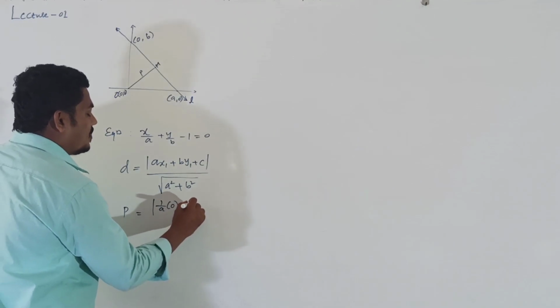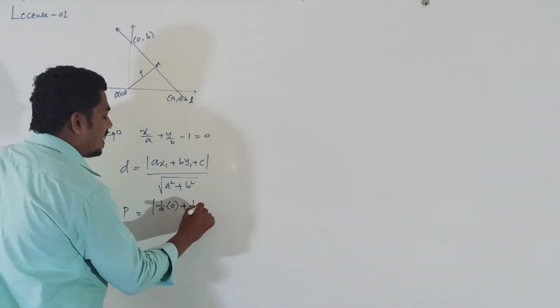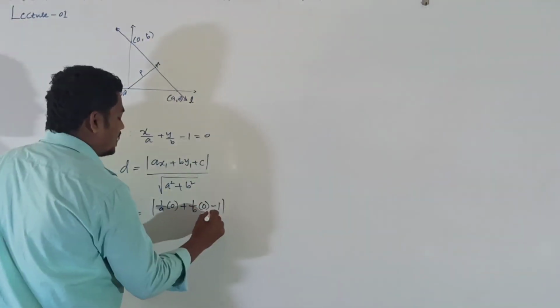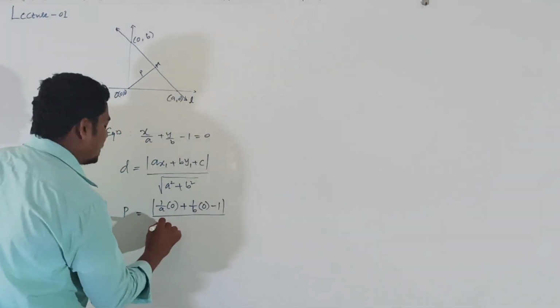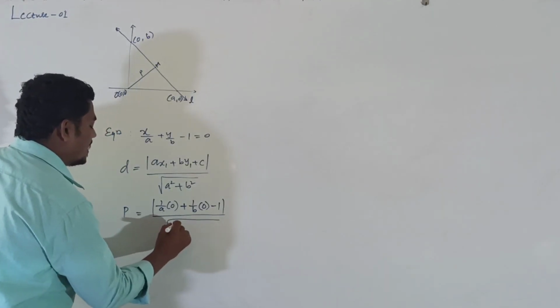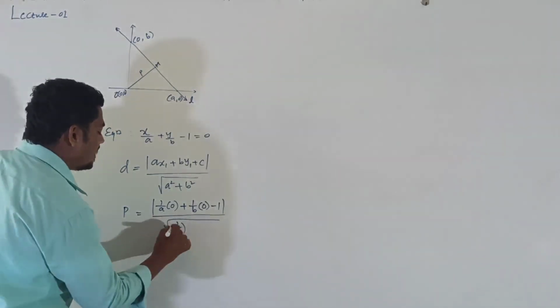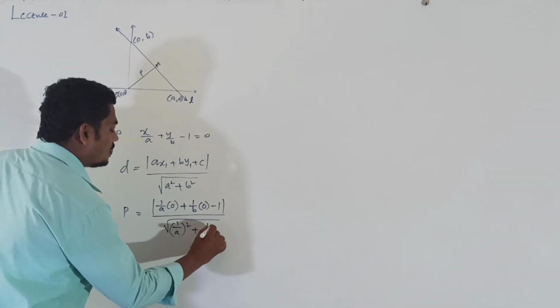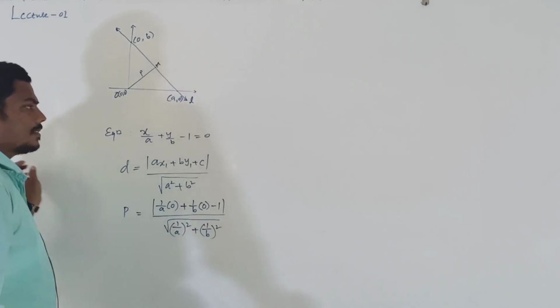Plus BY1, in this case 1 divided by B is B value, minus 1, whole thing divided by square root of, in this case A value is 1 by A square, plus 1 divided by B whole square.